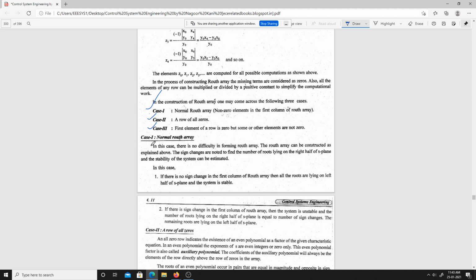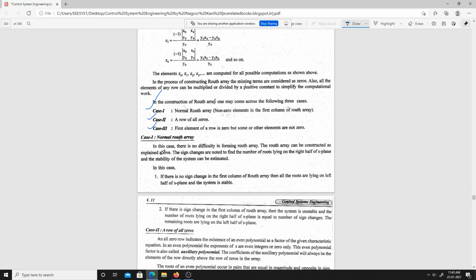When it is case 1, a normal Routh array, there won't be any difficulty in forming the Routh array. It can be constructed as I have just explained. Based on the sign changes, we find the number of roots lying on the right of the S-plane, and the stability of the system can be easily estimated.